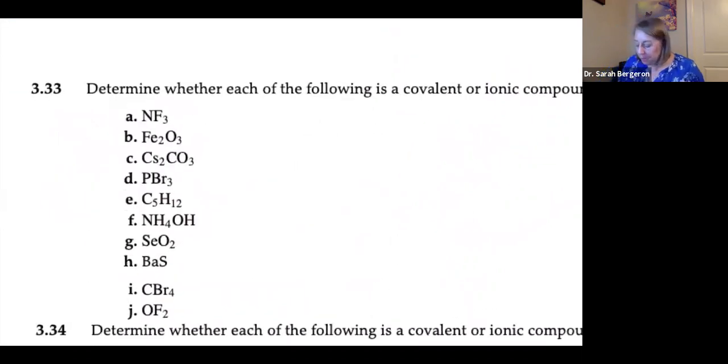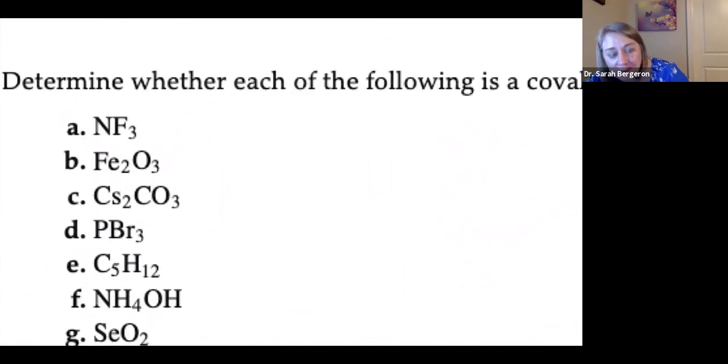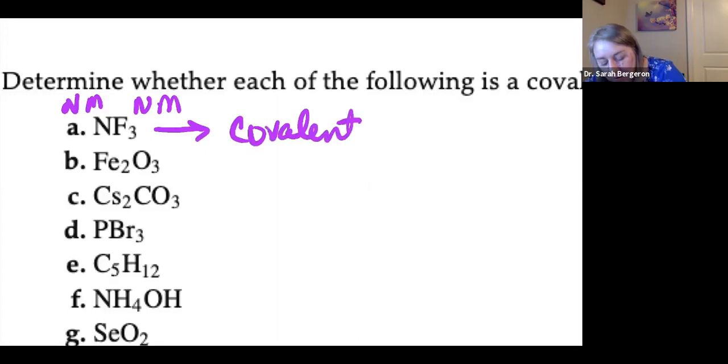Okay. So this is super, super quick and easy. I know this is kind of a long video, but let's look at this. We have nitrogen and fluorine. Nitrogen is a nonmetal. Fluorine is a nonmetal. Nonmetal and a nonmetal tells us covalent, right? That's our condition.